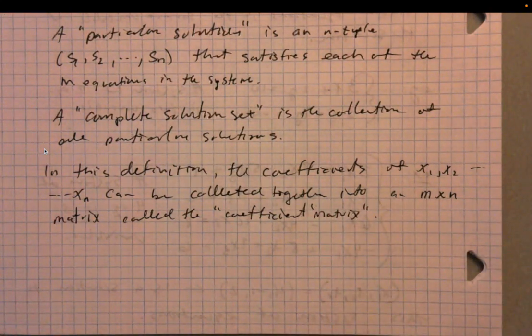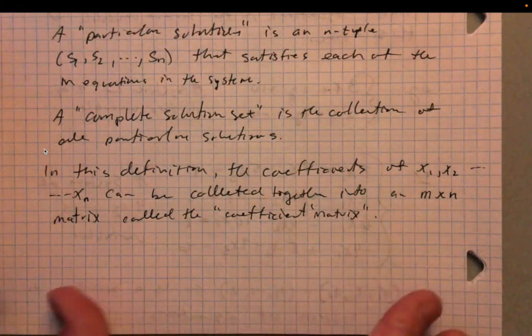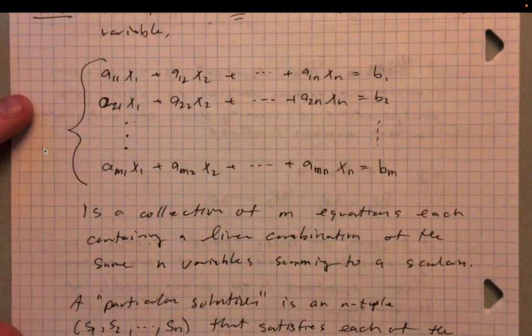The coefficient matrix, right? And so you can see that it must be m by n.